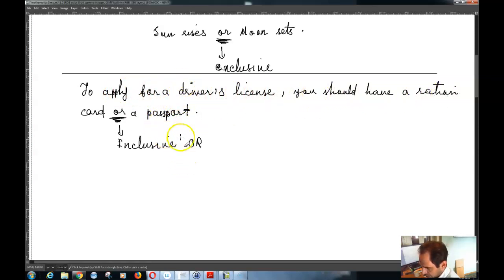If this is an inclusive or, which I'm saying only based on the answer that I'm seeing here, then if you had the ration card, you would get the driver's license. If you had the passport, you would get the driver's license. And if you had both of them, you would still get the driver's license.